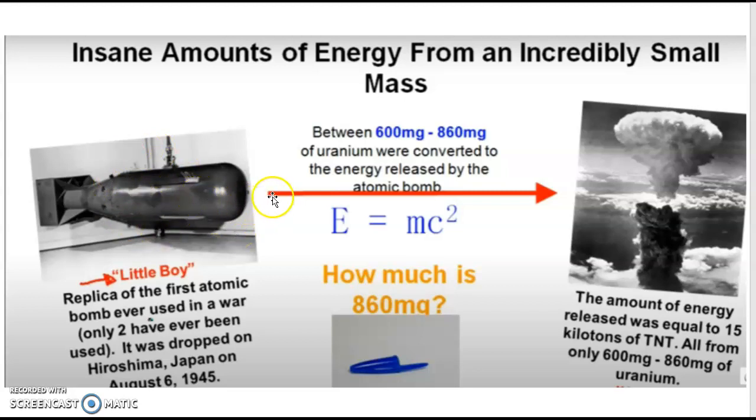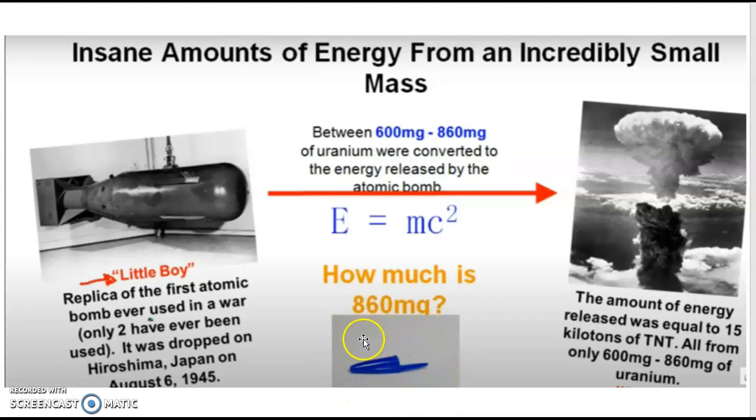And how much mass was that? Well, it was less than a gram, between 600 milligrams and 860 milligrams of uranium converted into energy while the bomb exploded. And to give you that perspective, that's about the amount of mass in a pen cap. It's about the amount of mass in a single Skittle. You know, the Skittles candy.